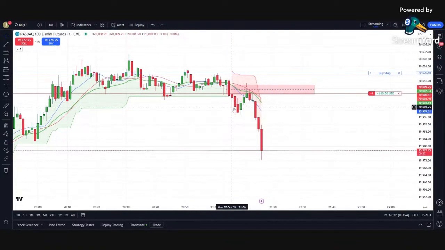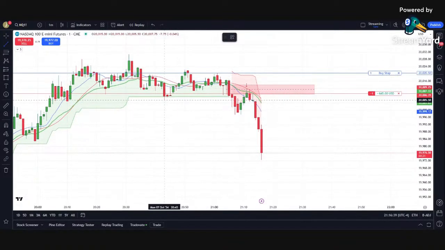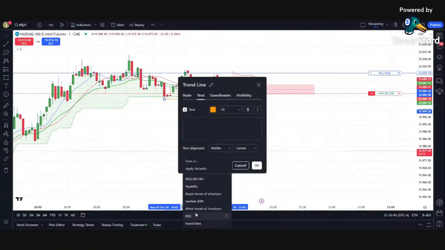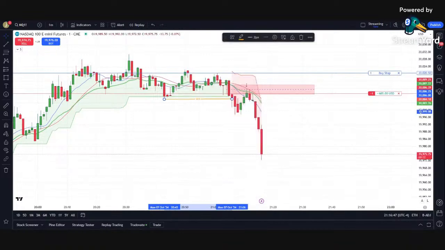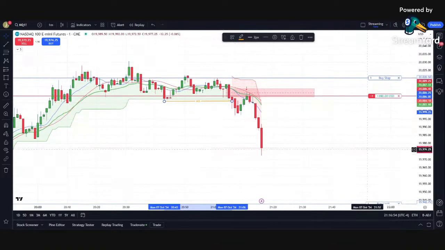This group of three candles here is displaced candles because this candle created a market shift. That's my criteria for a true displacement: candles that created a market shift and then form an inefficiency.